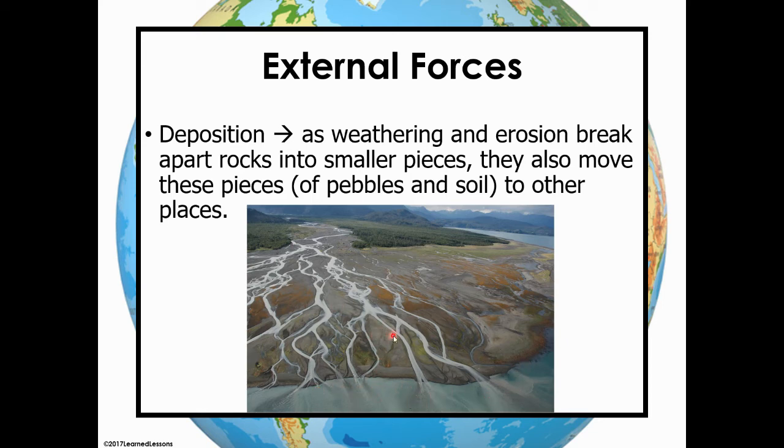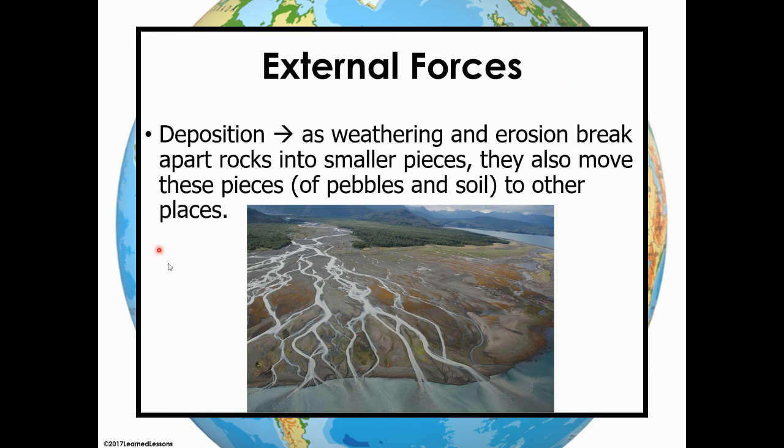So instead it just started leaving it on the sides. So as you can see, now instead of one big river, you have a bunch of tiny, tiny little rivers, okay? So that's deposition, is as weathering and erosion break apart rocks into smaller pieces, they also move these pieces of pebble and soil to other places.